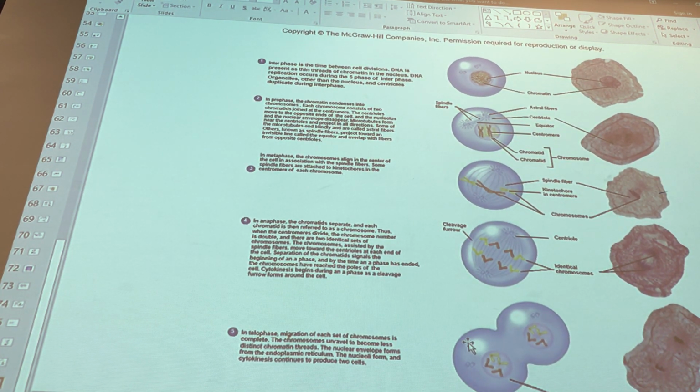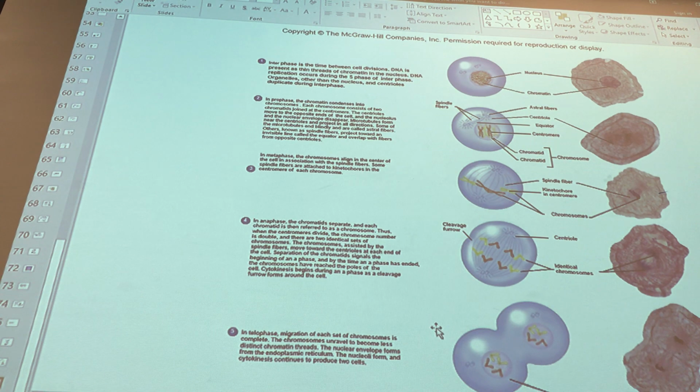In telophase, everything is already pulled to the proper pole. So now we're going to start dividing the cell in half. So when anaphase occurs and we bring the chromosomes in the right direction, in the right place, now we're going to restart forming a new nucleus from it.